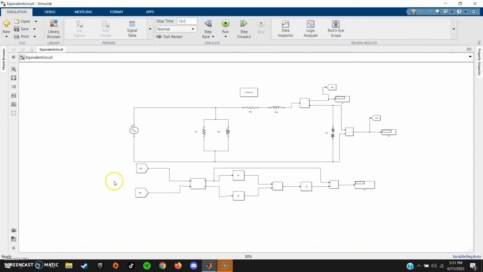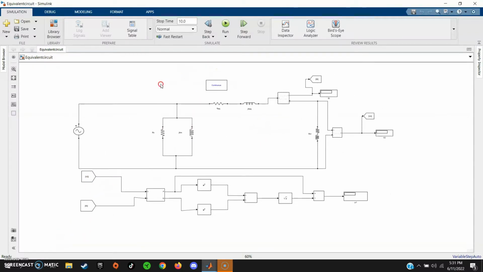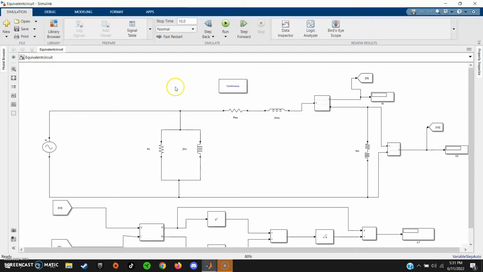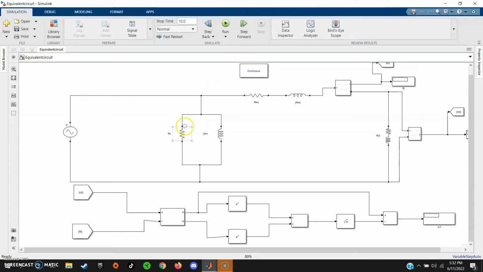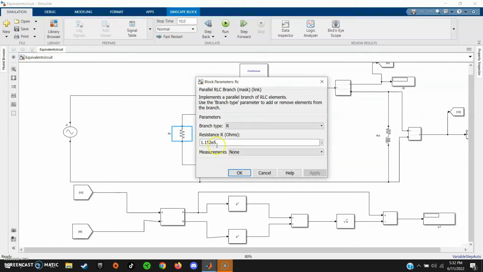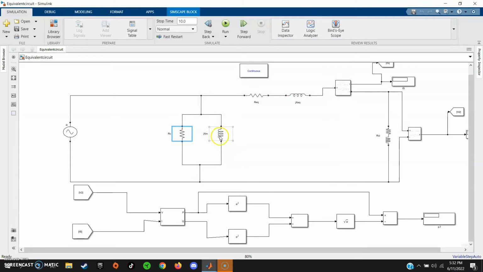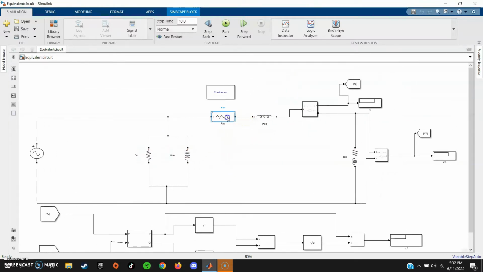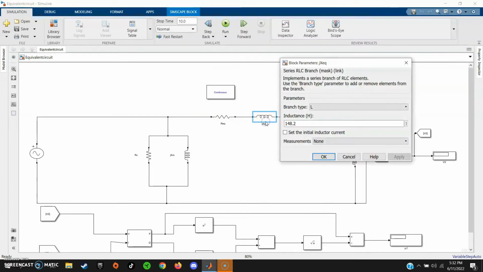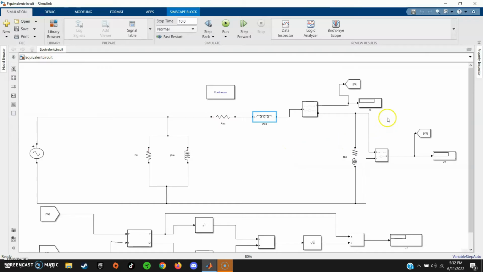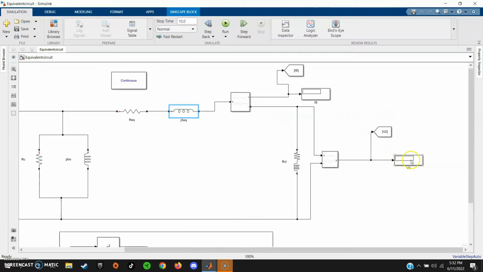Okay, this is the equivalent circuit for open and short circuit. In this circuit we put RC and XM. RC is this value, same as XM. R equivalent is 3.802 ohm, X equivalent 148.2 H. Okay, from this curve we find V2.